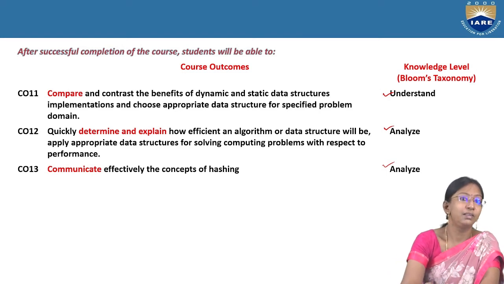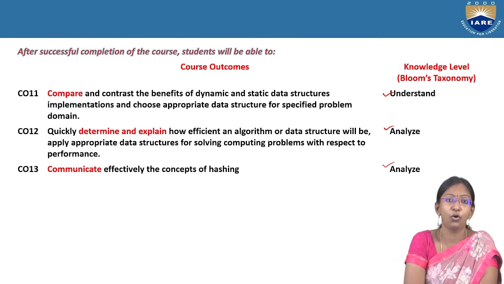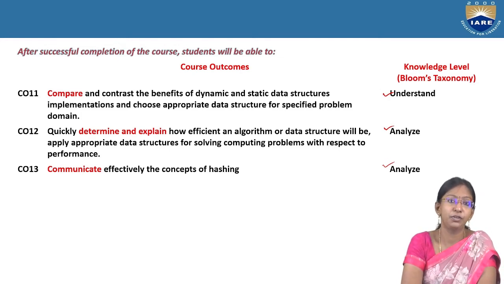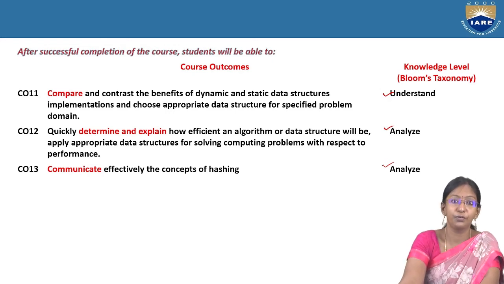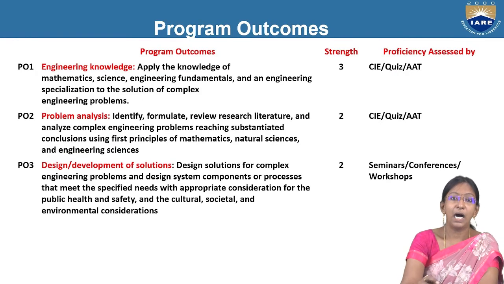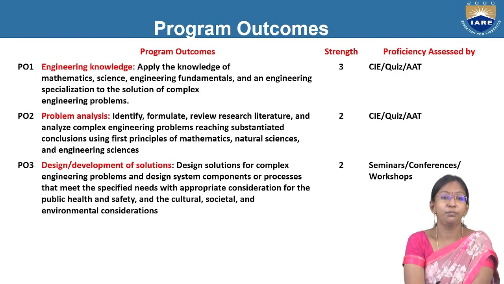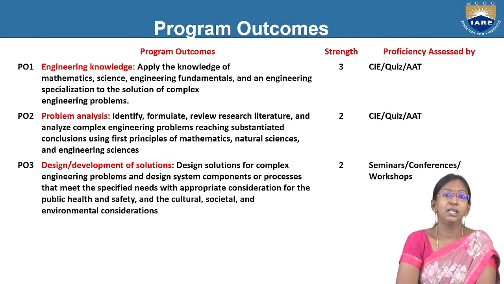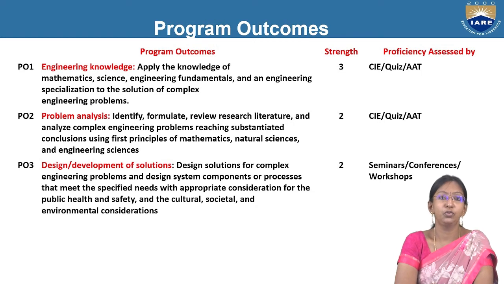So overall, these are the 13 outcomes of your course, that is data structures, which will lay a path for your success, as data structures is a core subject of your discipline. Coming to the outcomes, what are the program outcomes? First is engineering knowledge, then problem analysis, design and development of solutions, and a few more.